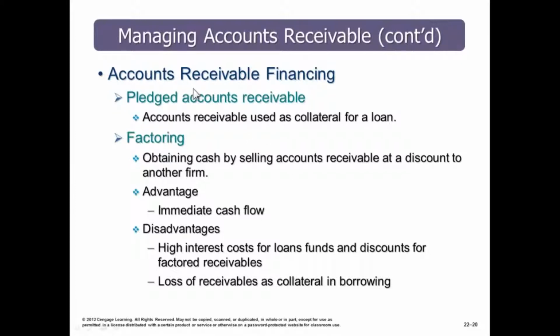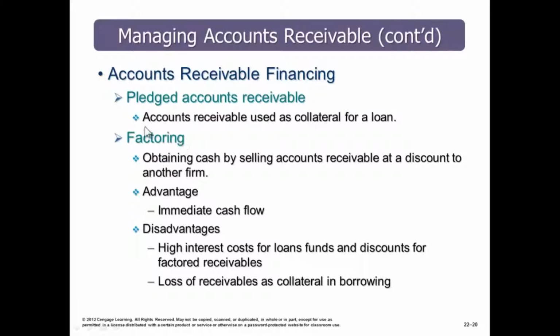Now, there's something called accounts receivable financing, where you can pledge your accounts receivable as collateral against a loan, or you can factor it. So there are really two ways to finance against your accounts receivable. With your local bank or your company's bank, you pledge your accounts receivable as collateral against a loan or a debt that you're going to take, or you can factor it.